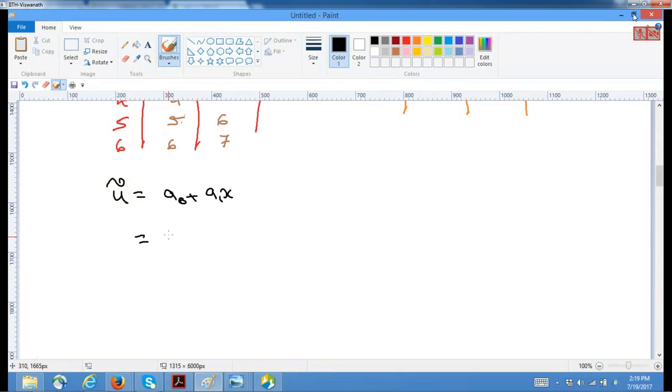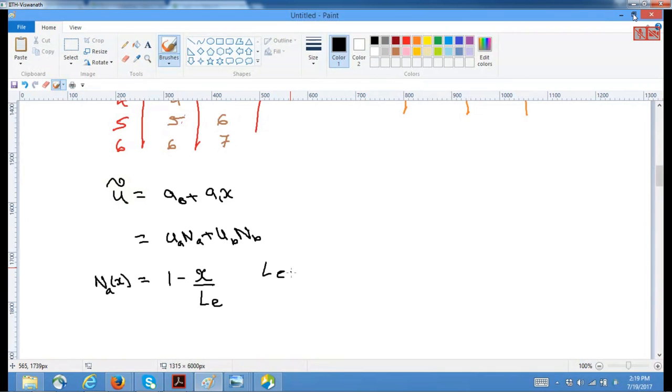This is nothing but UA NA plus UB NB, where NA of x is given by 1 minus x by LE.